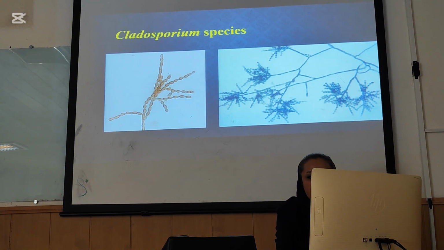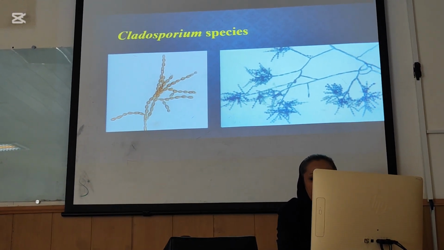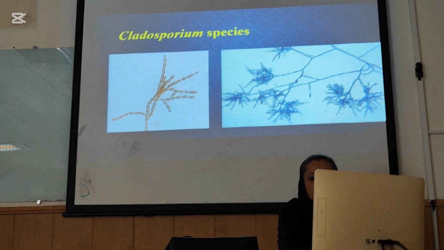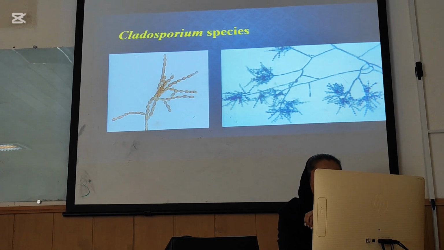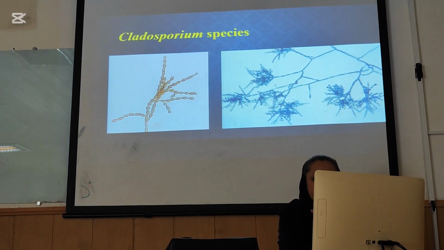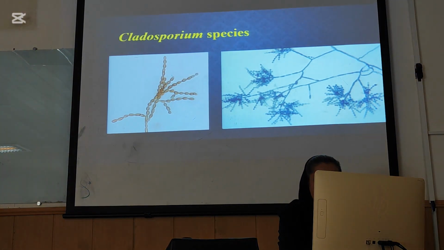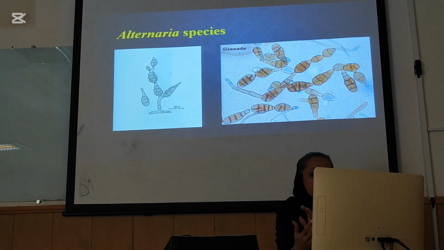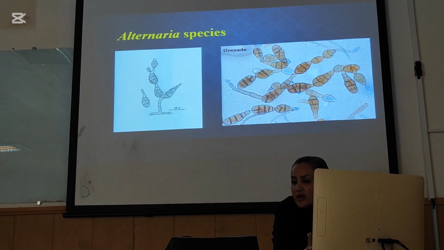This is another image of cladosporium, and the view of this fungus is similar to a tree and leaf. And the last, we have alternaria.